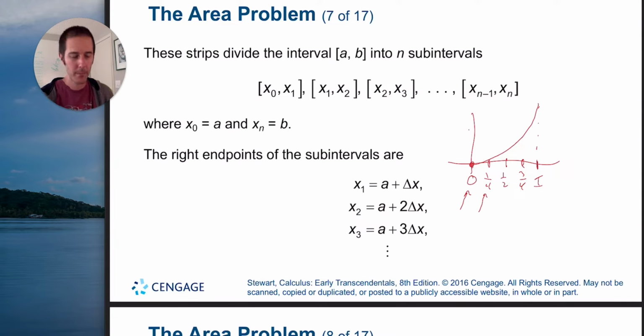I have to be careful with my language here. I called this one the 0th x coordinate, because I knew that we were going to be using this term x sub 0. And the last one, the nth one, x sub n, is going to be the x coordinate of your right boundary on your interval. And x sub 0 is the left endpoint of your interval.